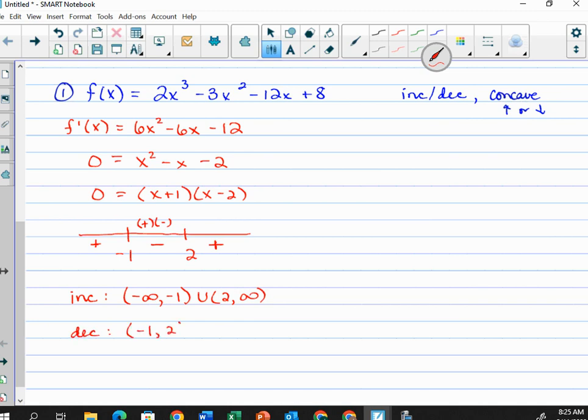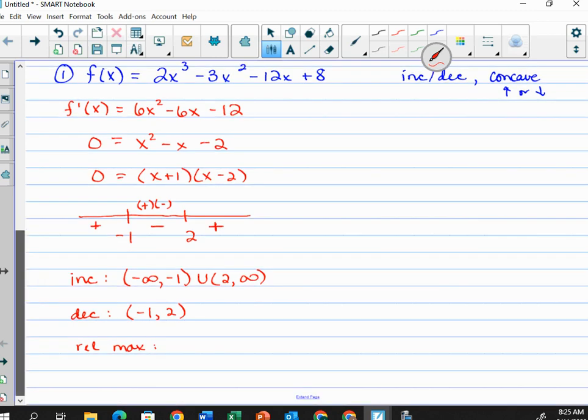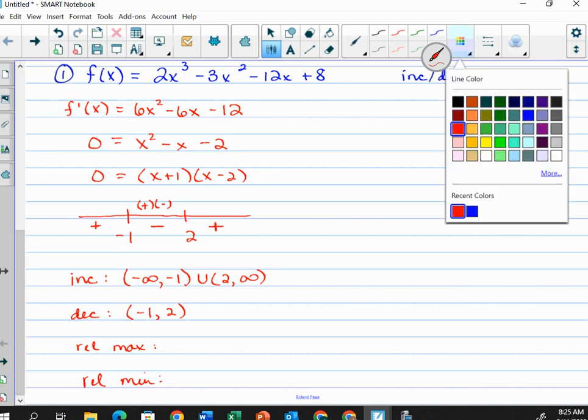Do you guys think you can find your relative max and min for me? So let's sketch it on here.